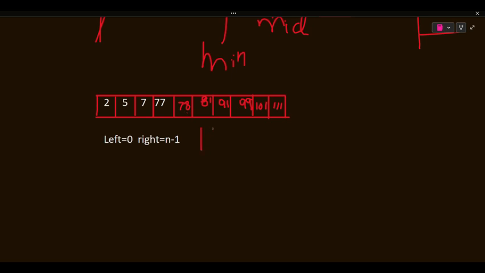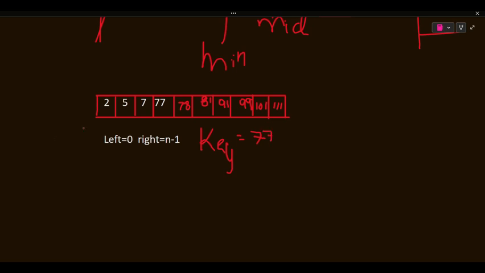Then the key element is given for us. We have to find whether the given key is present in the given array. Let's say key is equal to 77.